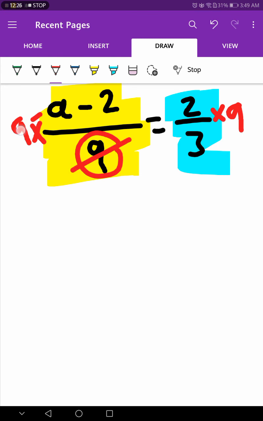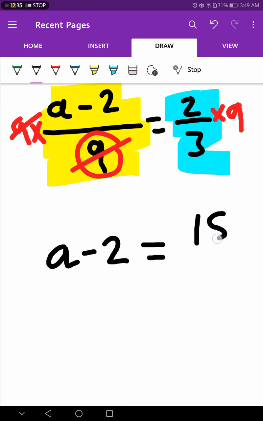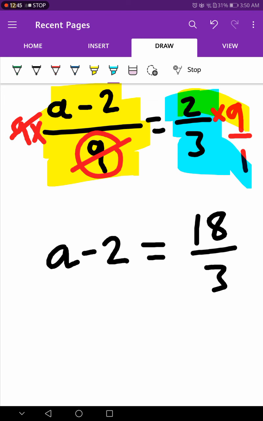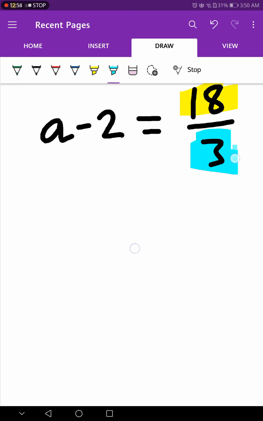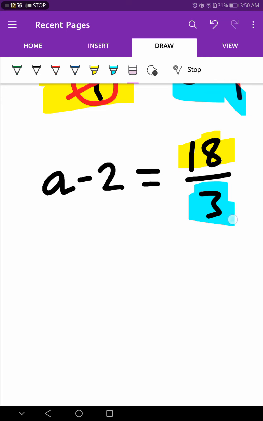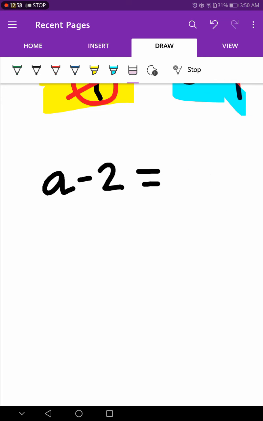Okay, this cancelled, and the a minus 2 comes down, and here it is 18 over 3. You know how, yes? The 9 over 1, up with up, down with down. 9 multiply 2 equal 18. 1 multiply 3 equal 3. And you know that 18 over 3 is equal to 6, yes? So I will write 6 here.